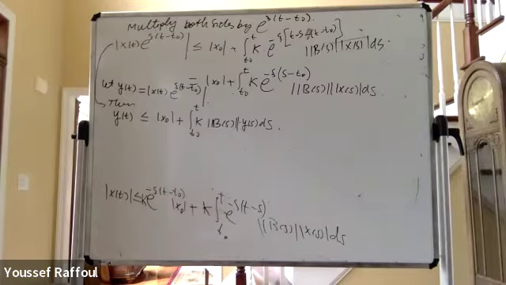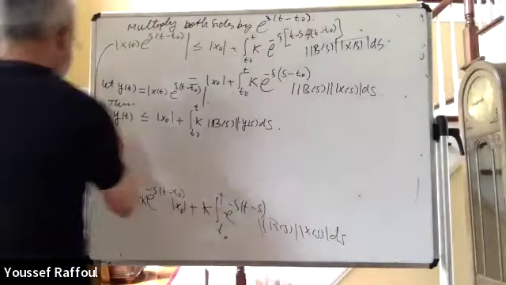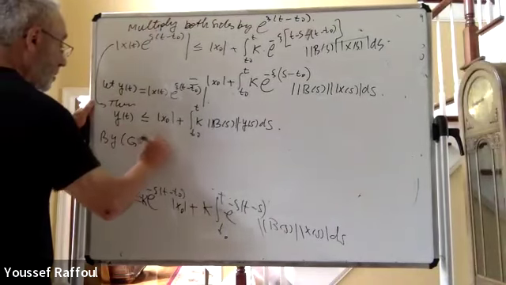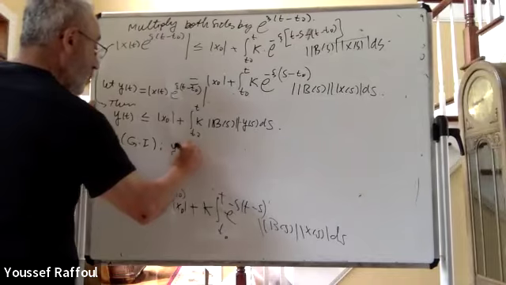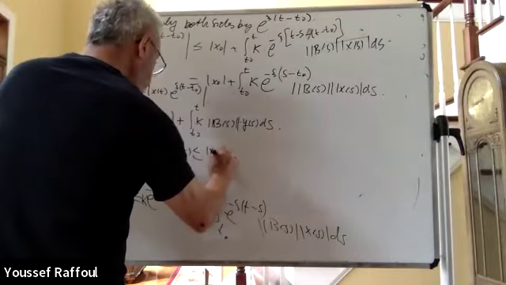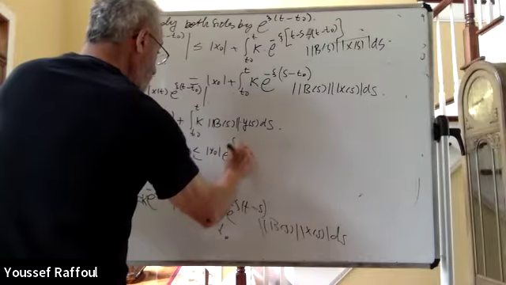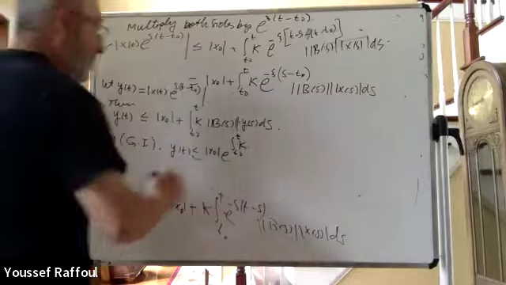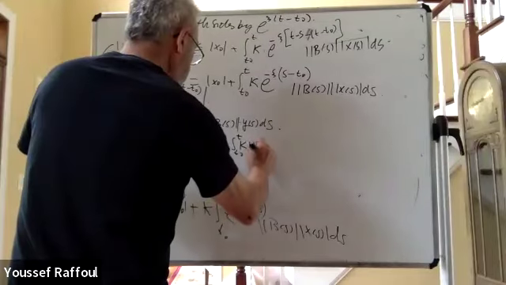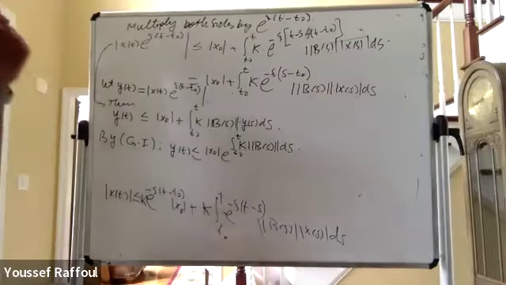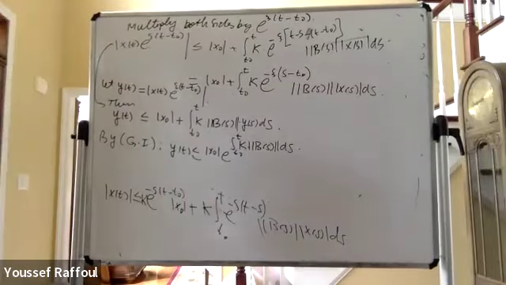Okay. So by Gronwall's inequality, we have y of t less than or equal to x naught e to the integral from t naught to t of K b(s) ds. Okay.